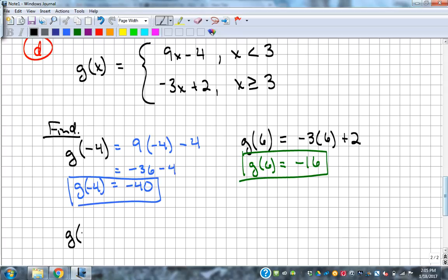Let's do g of 0. Why the top? Yeah, 0 is less than 3, so that's why we're going to use the top function. So 9 times 0 minus 4, which would be -4, right?